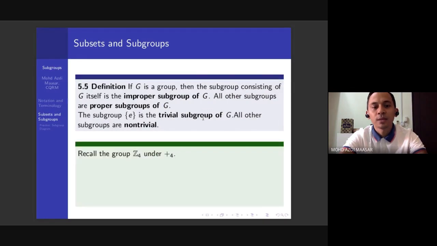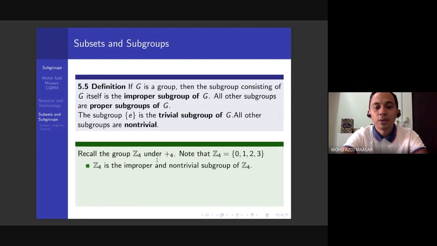Looking into the example again, we recall the example of integers modulo 4 under addition modulo 4. This is a group. We've seen this many times before. So we note that integers modulo 4 contain 0, 1, 2, and 3. From this definition, integers modulo 4 itself is a subgroup, and we can categorize it as an improper and non-trivial subgroup.